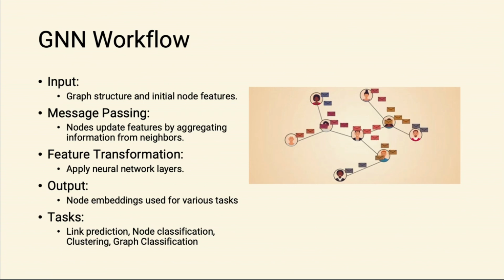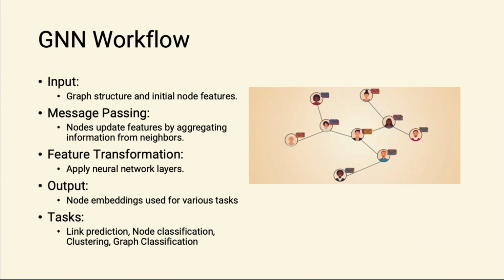And this is done for a fixed number of iterations, oftentimes a hyperparameter, and then passed through a few nonlinear layers, which is where the feature transformation happens, and then it's output as a node embedding. Now, once the node embedding is done, it is actually in a Euclidean space.